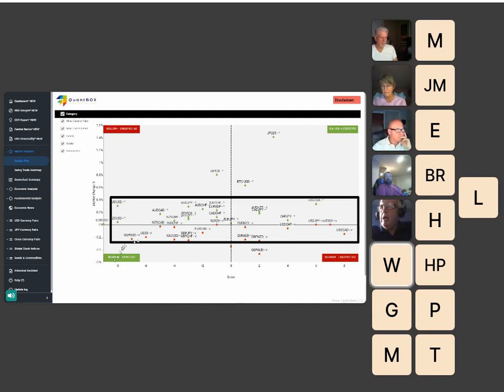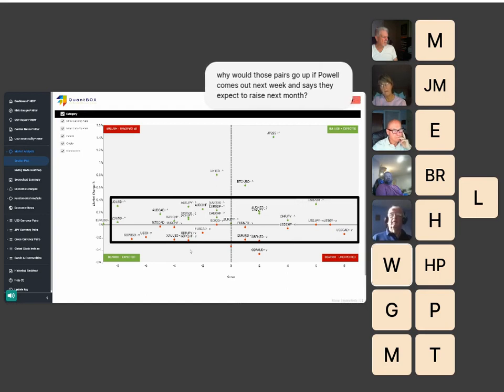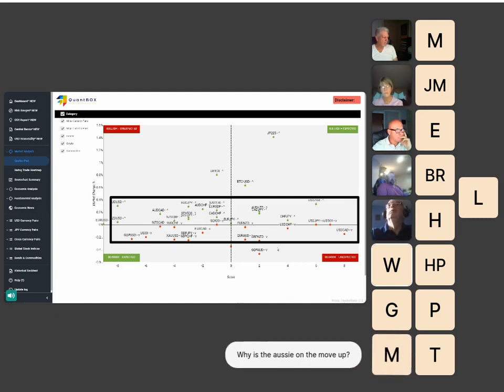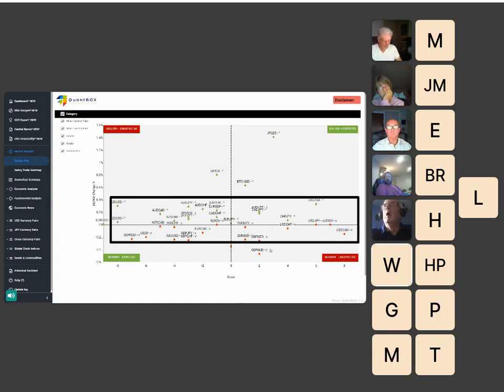And the slope of the trend is 0. Okay. Marx is Aussie bullish right now.